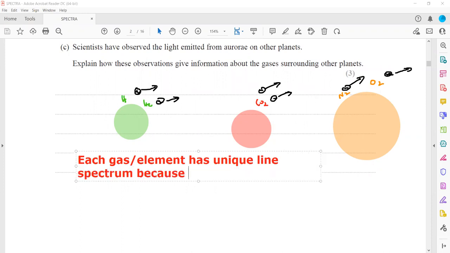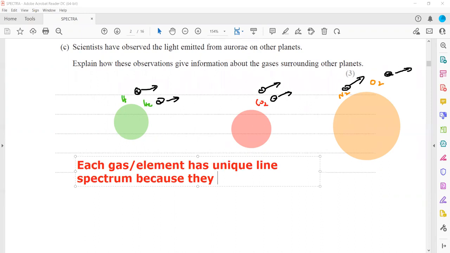because they have a different number of shells and different spacing between the shells. So they have unique energy levels.